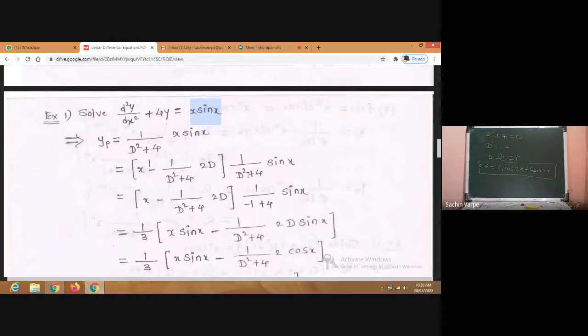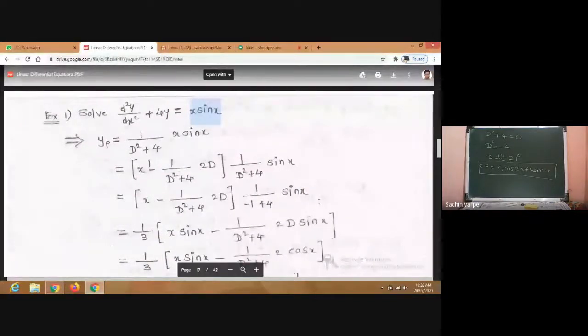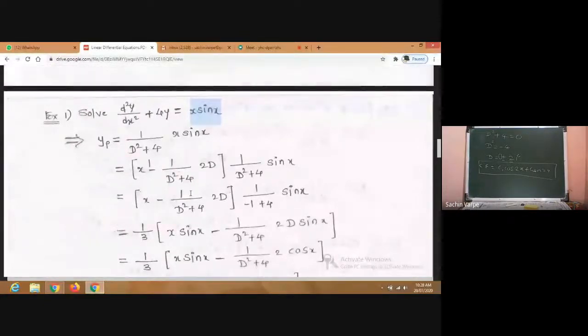We are replacing D square by minus a square. So a is 1 here. So replace D square by minus 1. So minus 1 plus 4, that is 3. So I'm writing that 1 by 3 outside here, or we can multiply by 1 by 3 sine x inside. As it is constant, I'm taking it outside. It is of no use. And then I'm multiplying by sine x inside. So x into sine x minus 2D upon D square plus 4 into sine x.